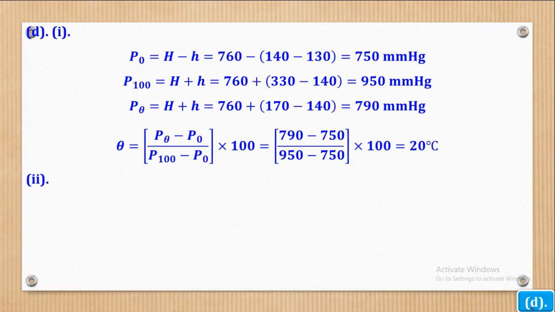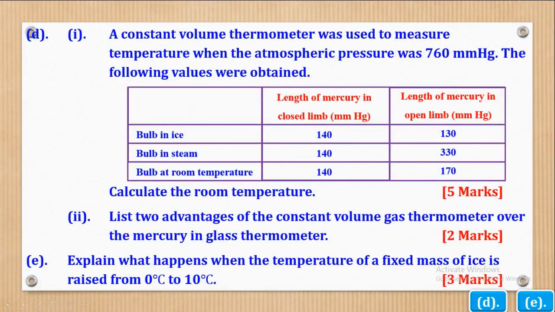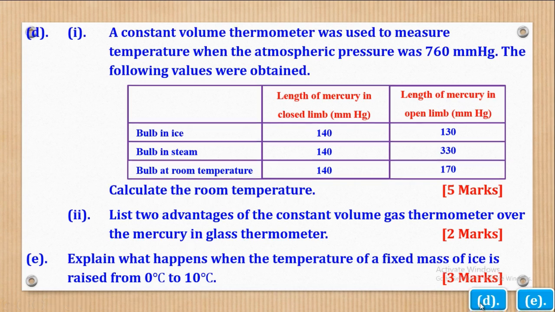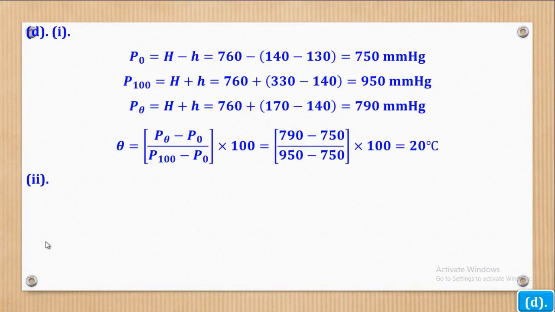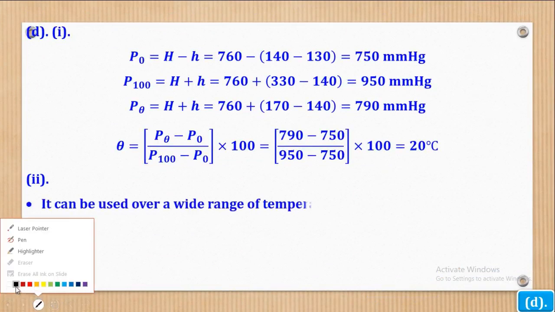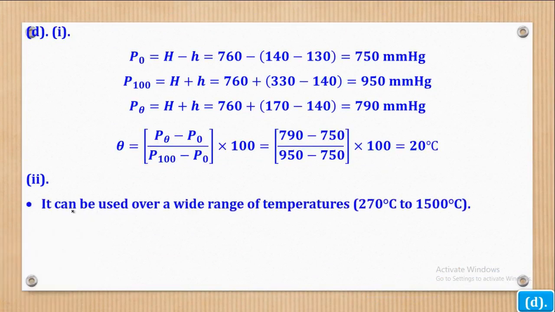Now we shall go to Roman 2. Roman 2 says, list two advantages of the constant volume gas thermometer over the mercury glass thermometer. One is that it can be used over a wide range of temperature.